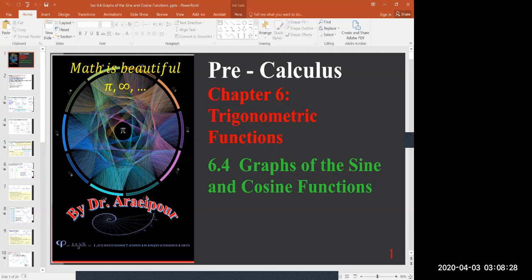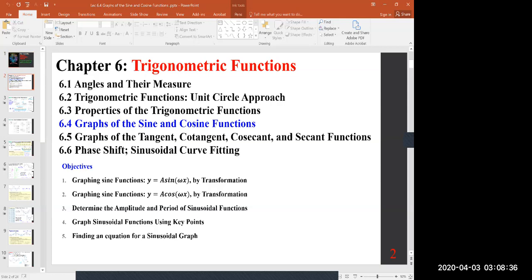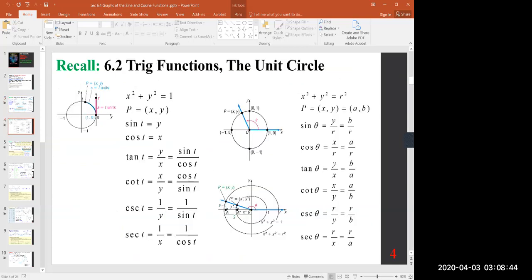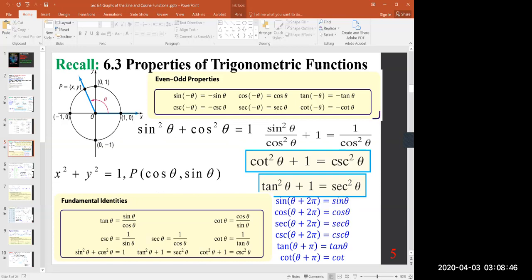All right, so everybody is looking at section 6.4. Want to look at the graphs of some functions, in this case, sine and cosine, different sinusoidal functions. We looked at sections 1 and 2 and all these identities. We really have to be comfortable with those so we can move on.